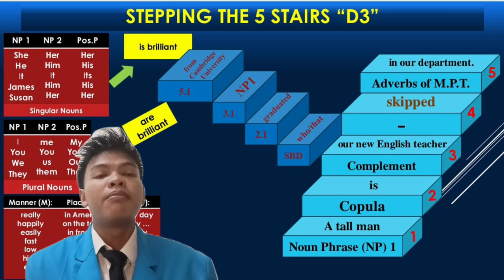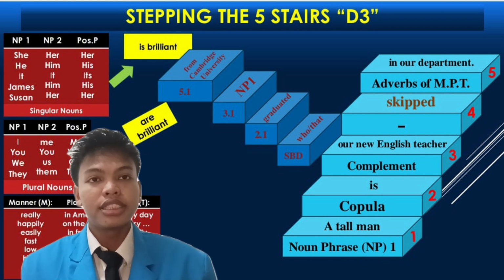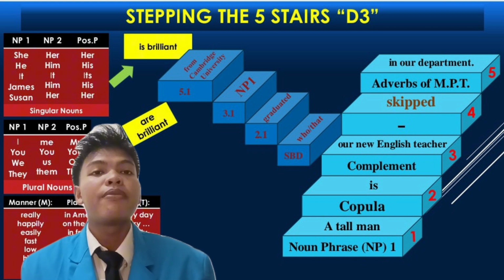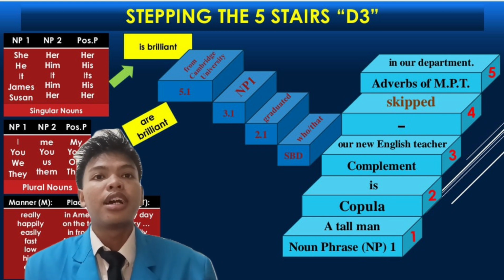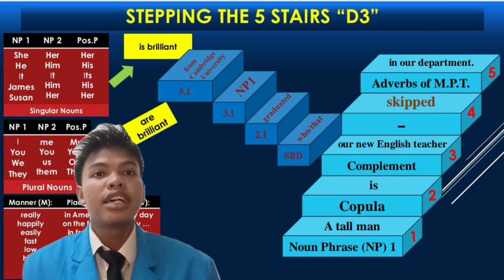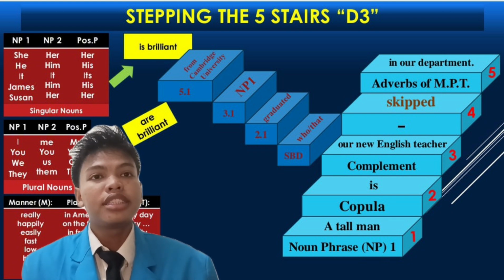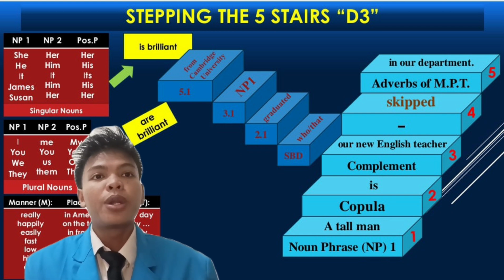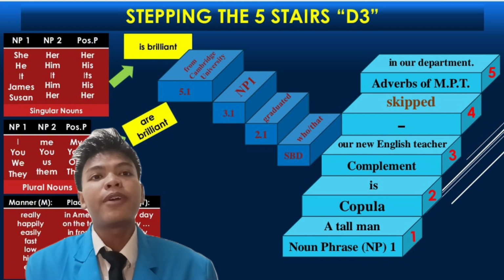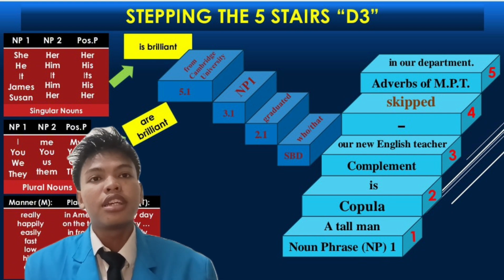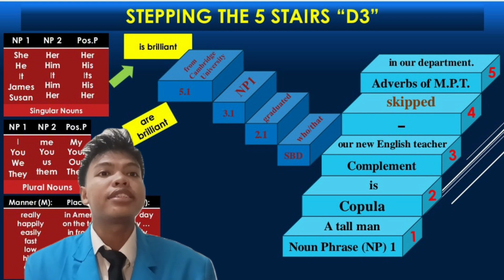Explanation: you can put the sentence, a tailman is the subject, and is is the copula, and then our new English teacher is the complement, and then in our department, you can put the adverb of place. So like that, for example, guys.